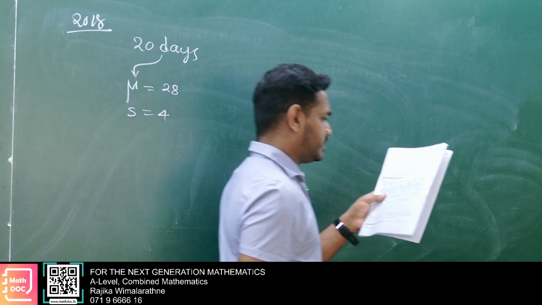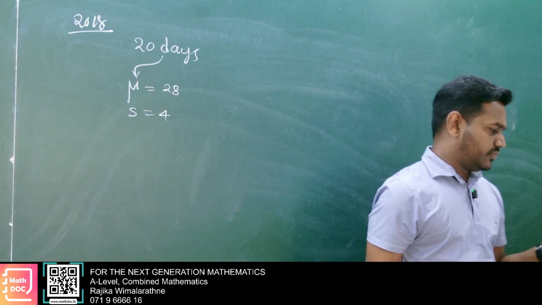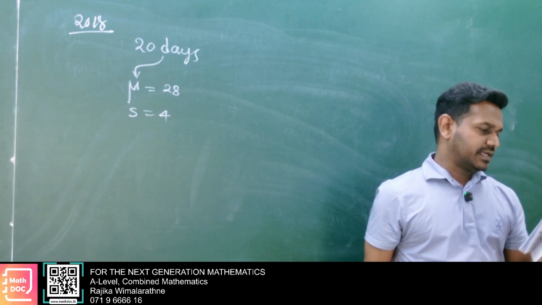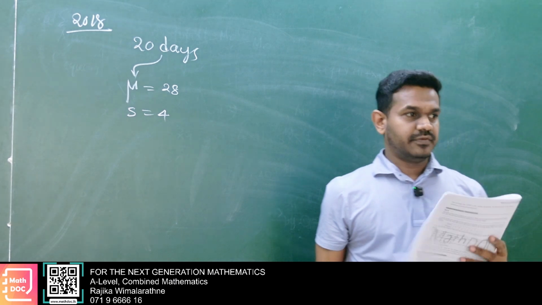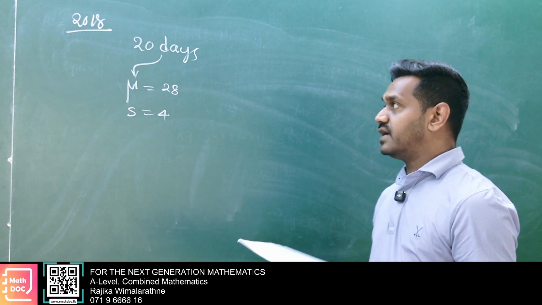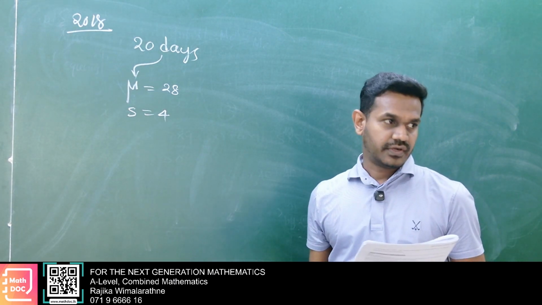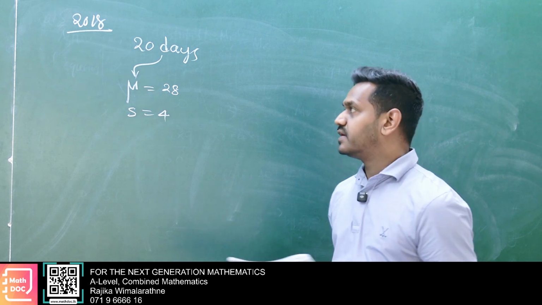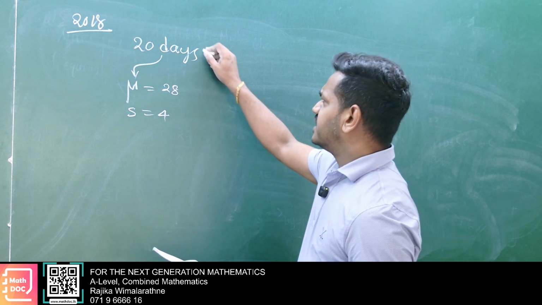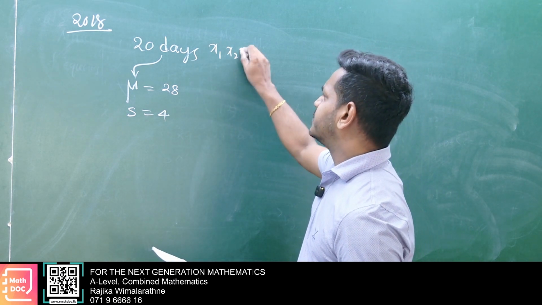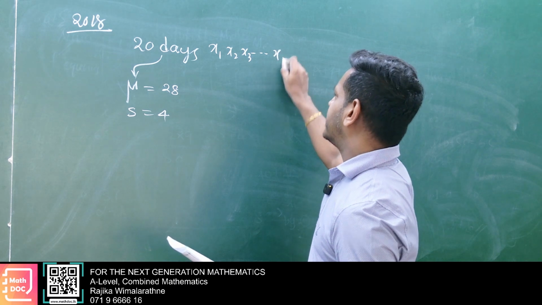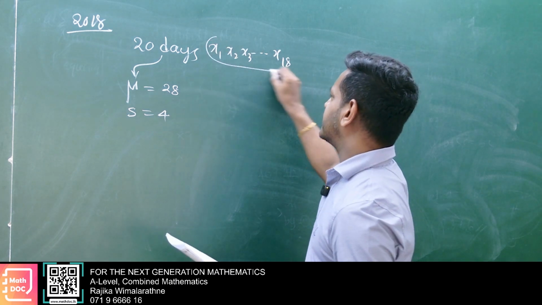However, it was detected that 2 of the temperatures had been mistakenly entered. Now 18 are correct, 2 wrong. Therefore consider x1, x2, x3 up to x18 as the correct ones.